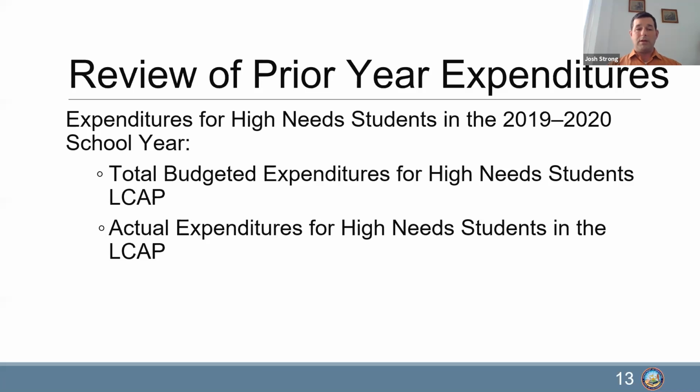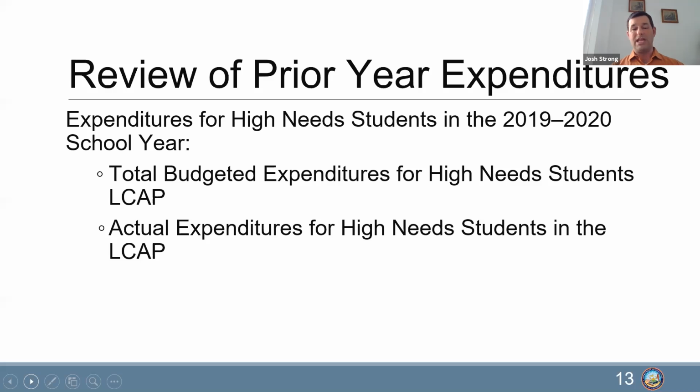And then the third component within the budget overview for parents is a review of prior year expenditures. Here we're actually looking back at the 2019-20 LCAP, and you'll notice the reference on the slide to the LCAP. This is looking back at what was done last year and is asking for the total budgeted expenditures for unduplicated students, English learners, foster youth, and low income, that were provided in the LCAP for 2019-20.